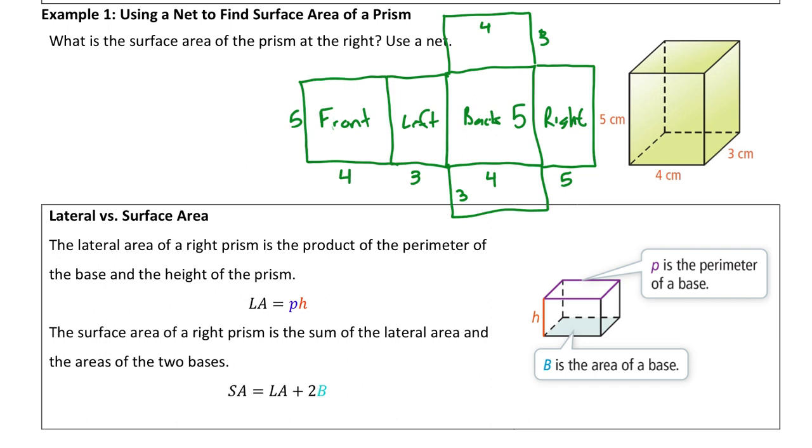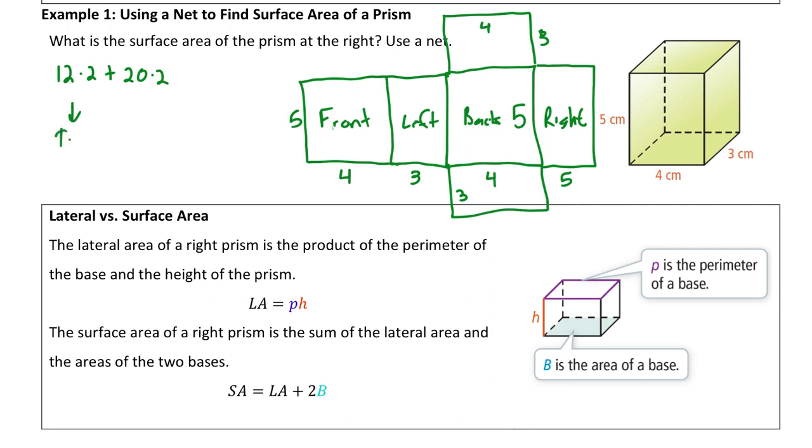So the area of the top and the area of the bottom is going to be 4 times 3, which is 12. 12 times 2. Okay? That's the area of the top and the area of the bottom, because there's 2 of them. The front and the back, 4 times 5, which is 20. And since there's 2 of them, I multiply by 2. So this represents the front and back.